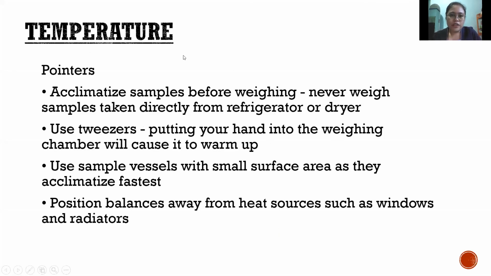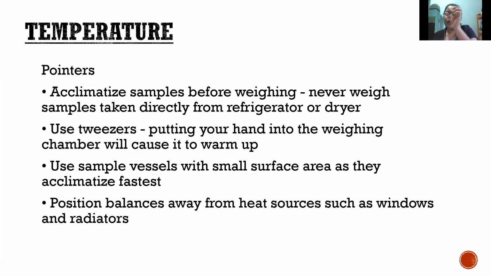These are pointers you should always remember: acclimatize our samples before weighing. They cannot go directly from the fridge or from the oven to the pan. Okay? And then use tweezers because putting your hand into the weighing chamber will cause it to warm up. That is energy flow.